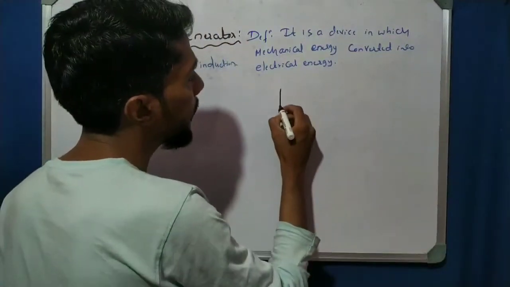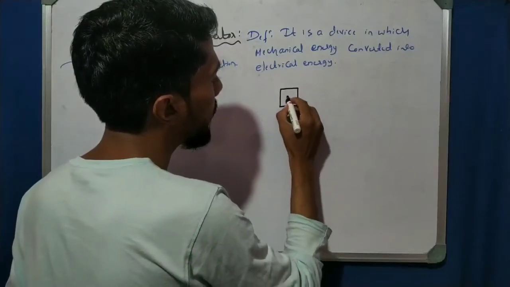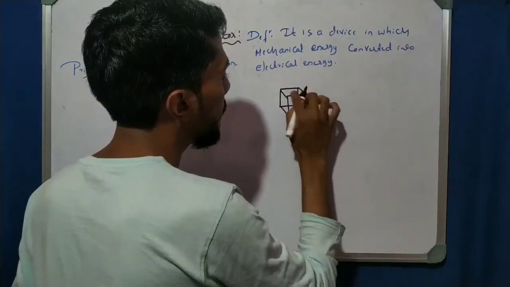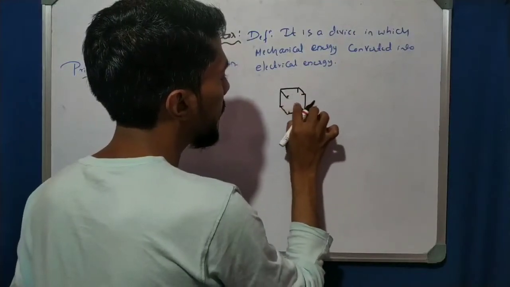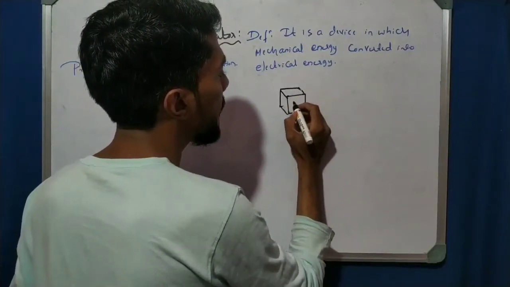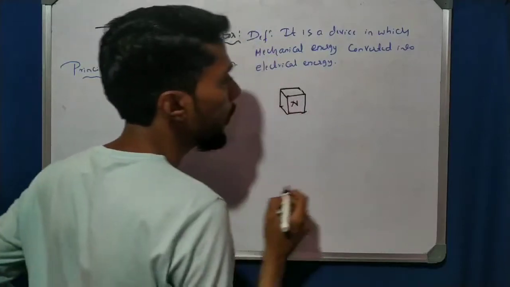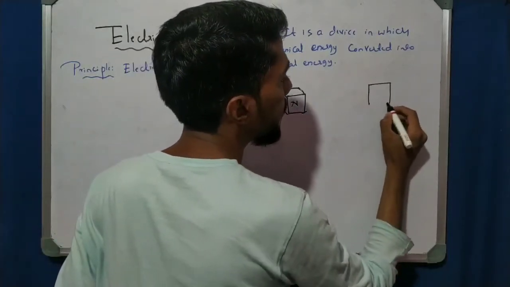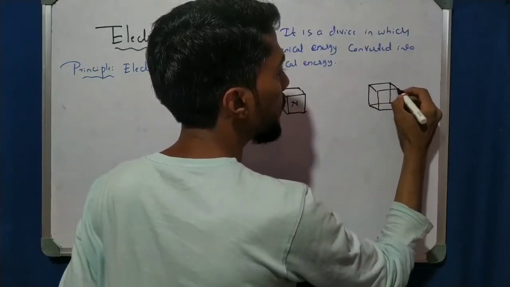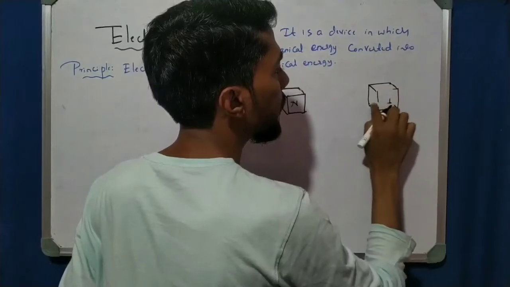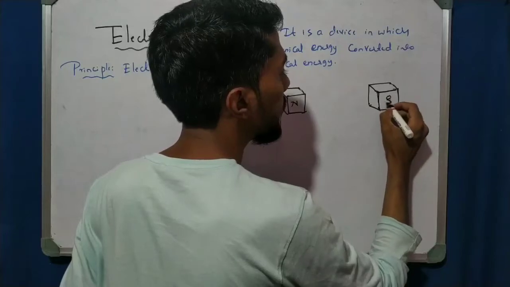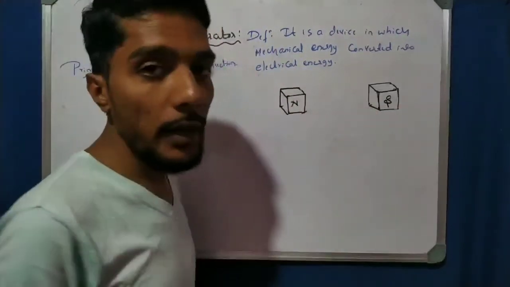So I can take here one north pole and one south pole. These two are permanent magnets.